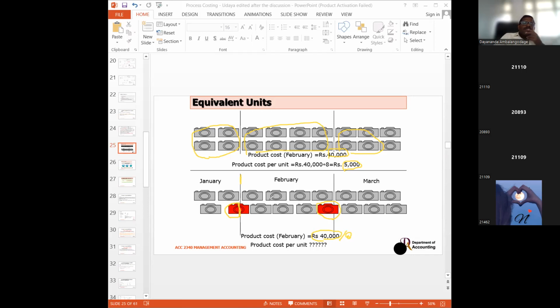Not possible, because camera number 1 and all these completed cameras have consumed the total amount of resources required for a camera, from the angle of material, labor and other overheads.